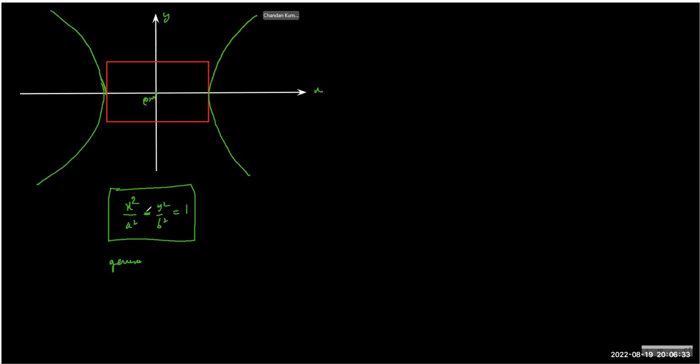If you shift, something else will come. And if I make this side 0, it will become a rectangular hyperbola. It will just bend like this.